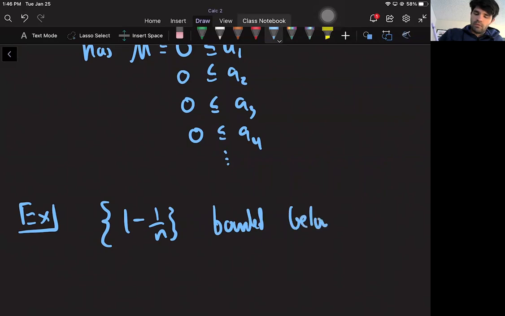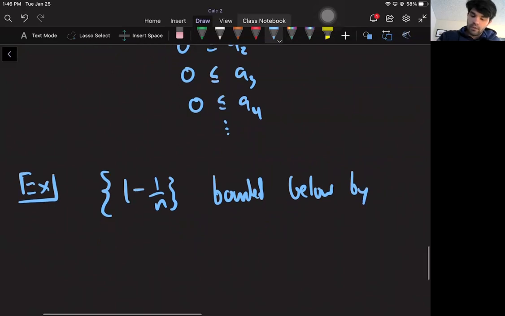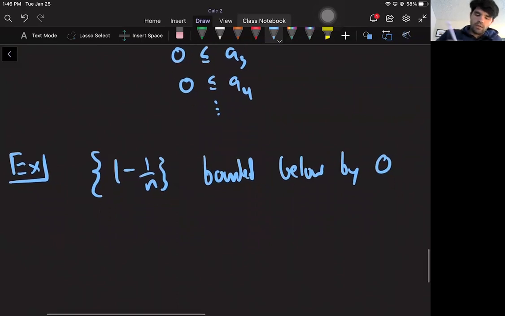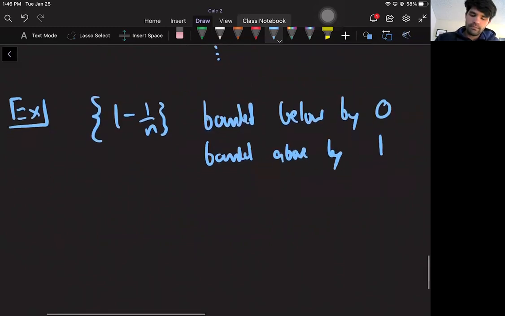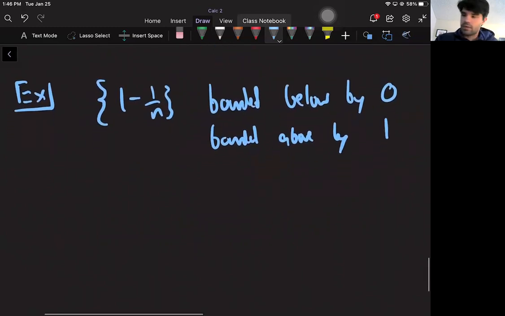See if you could think about it real quick on your own, but it's bounded below by 0, and it's also bounded above by 1. So you can make lots of other examples, and we'll see lots more once we bring in other things to talk about too.